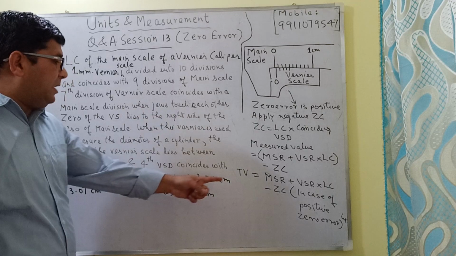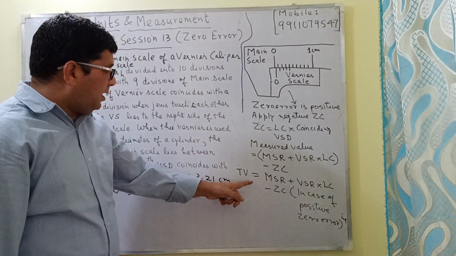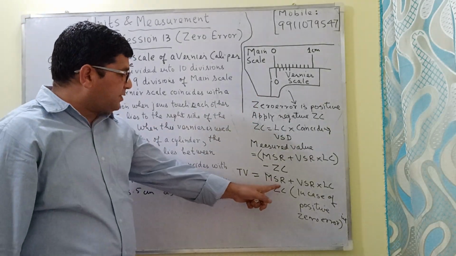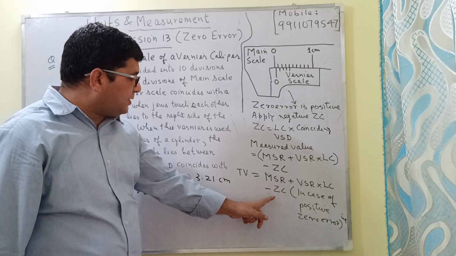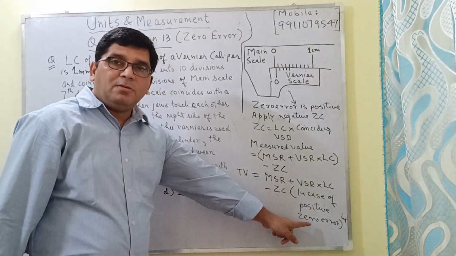So the true value of any physical dimension which we are measuring with the help of a vernier caliper will be equal to main scale reading plus vernier scale reading into least count minus zero correction in case of a positive zero error.